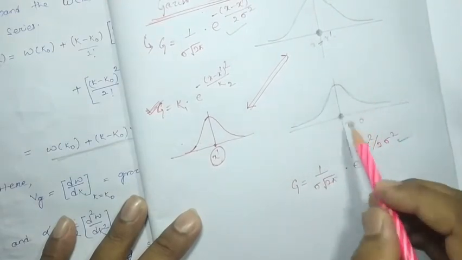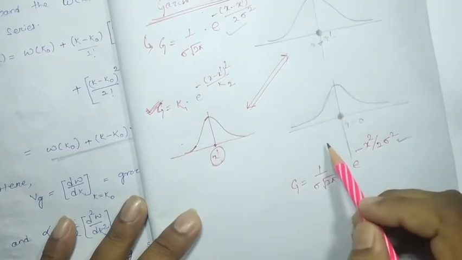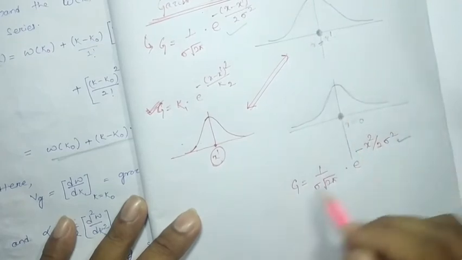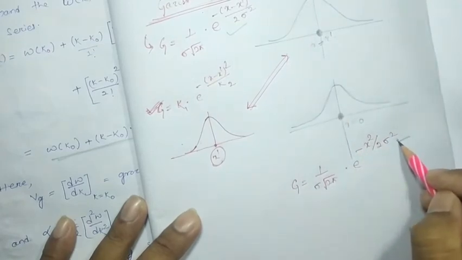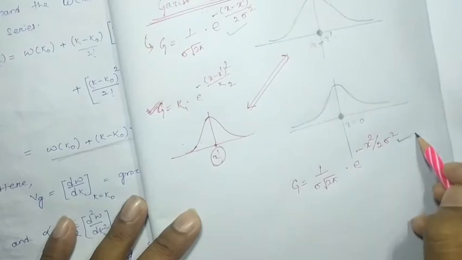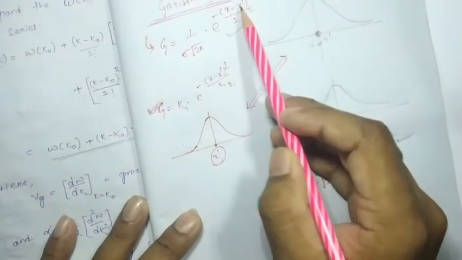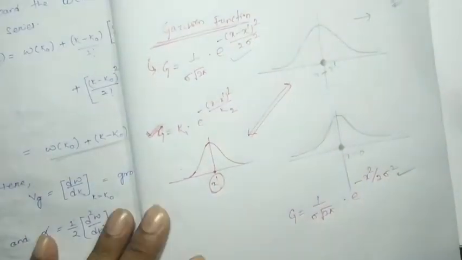So now this packet, which represents that the particle is at origin, its Gaussian function will be this one, because here x dash will be equal to 0.